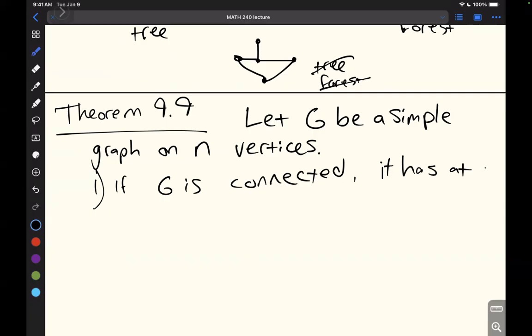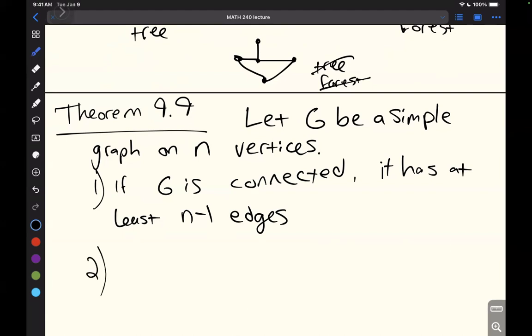It has at least n minus 1 edges, which we know the simplest possible way to express that would be a path graph, which we know has n minus 1 edges.